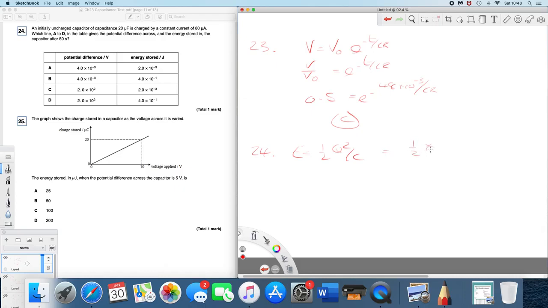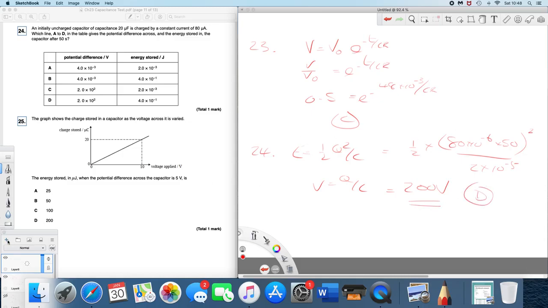A half times 80 times 10 to the minus 6 times 50 squared over 2 times 10 to the minus 5. And if you crunch those numbers, V being Q over C, you get 200 volts, which is D.